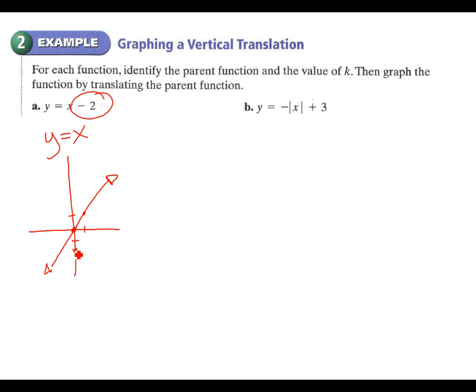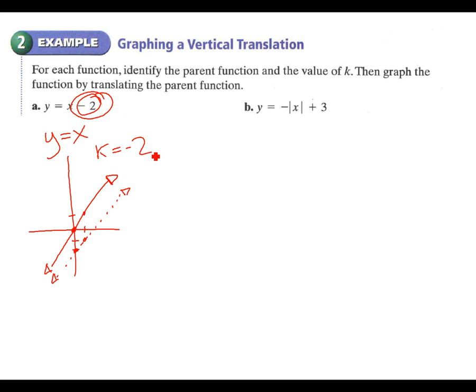From that point, I could go down 2 also. And here is my new line. Parallel to it because I just shifted it down. All right? In this problem, you want to be able to figure out what k is, and k is just this vertical number. So k equals negative 2. Anytime you see the letter k, we're talking about, for this section anyway, vertical translations.